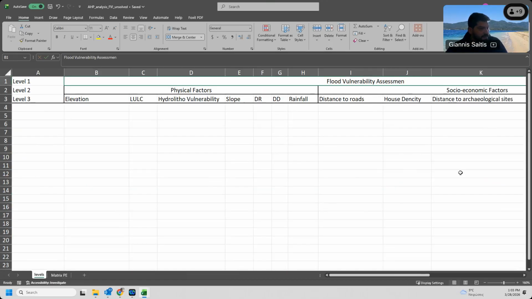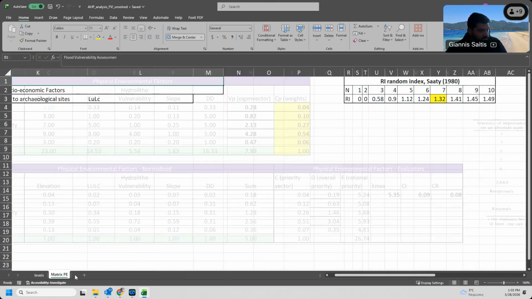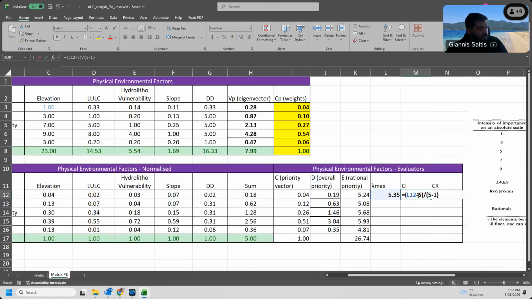This number, the RI, okay, excuse me, the RI is at the end. First the consistency index, the CI, which is the L max minus the number of our criteria, divided by the number of criteria minus 1.